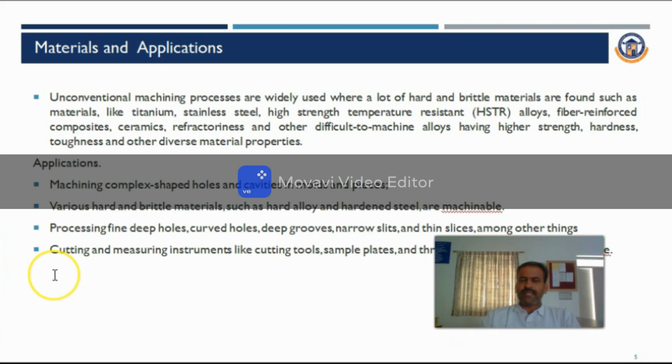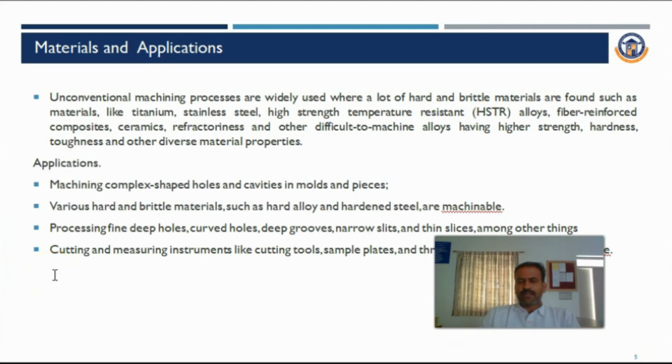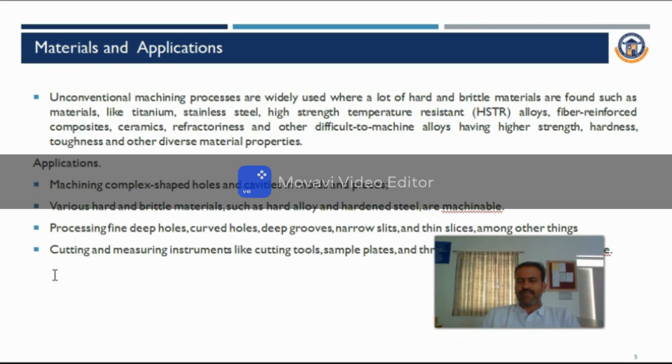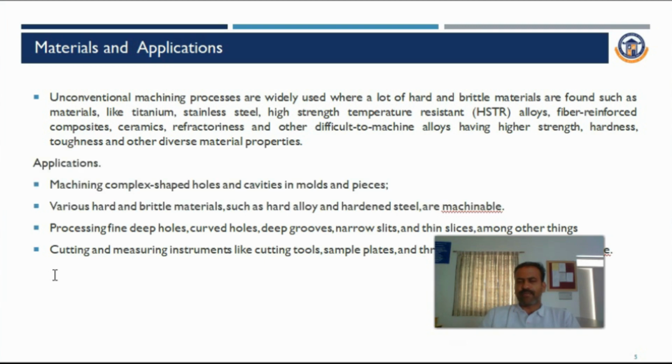Then what are the materials and applications? We discussed the different materials used in an unconventional machining process: titanium, stainless steel, high strength temperature resistant alloys, fiber reinforced composites, ceramics, refractories and other difficult to machine alloys that have higher strength, hardness, toughness and other diverse material properties.